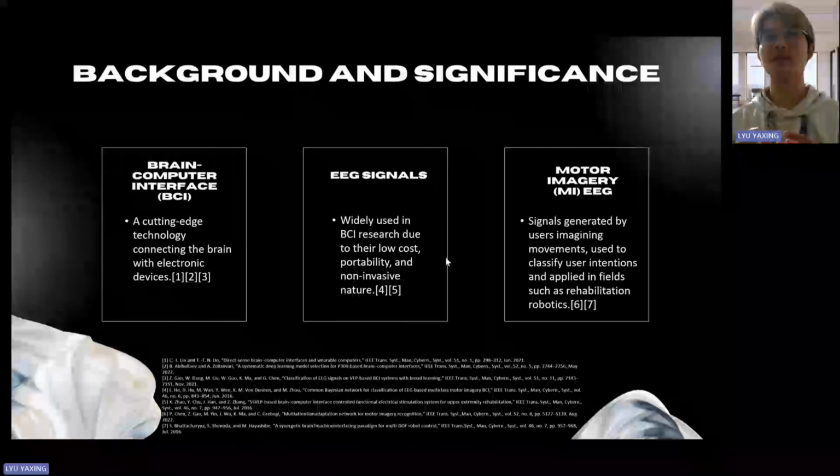Particularly in motor imagery tasks, users generate EEG signals by imagining movements, which can then be used to classify user intent. However, EEG signals are highly subjective and exhibit inter-subject and intra-subject variability, making feature extraction significantly challenging. This complexity demands a dynamic and adaptive framework for EEG feature selection.